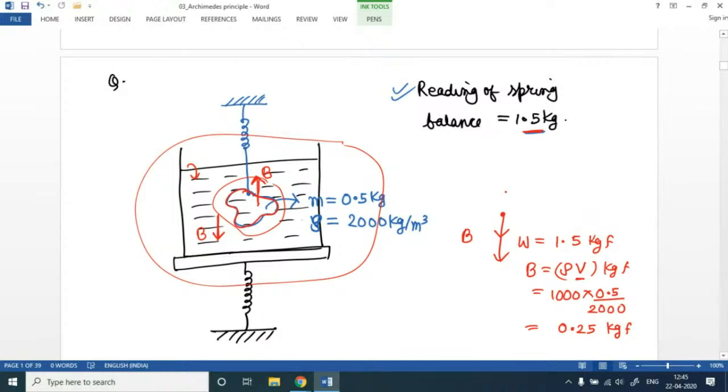The force exerted by the spring balance, which would be our new reading, is equal to W plus B. So that would be 1.5 kgf plus 0.25 kgf, which is 1.75 kgf. So this is our answer.